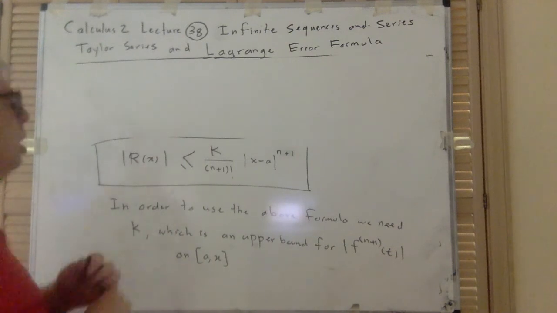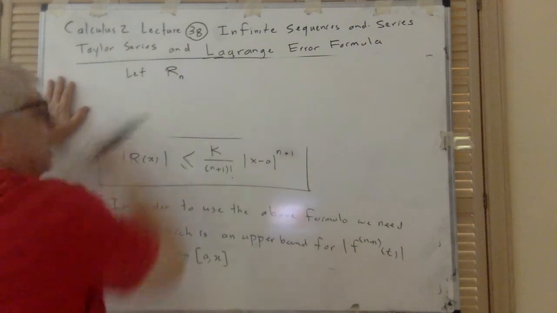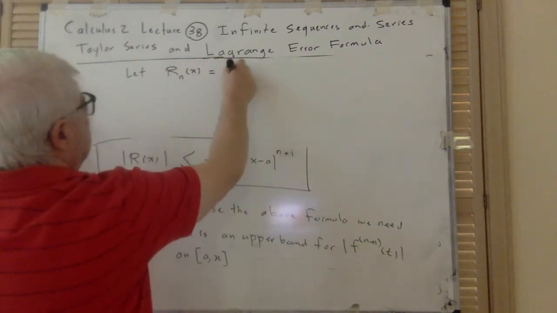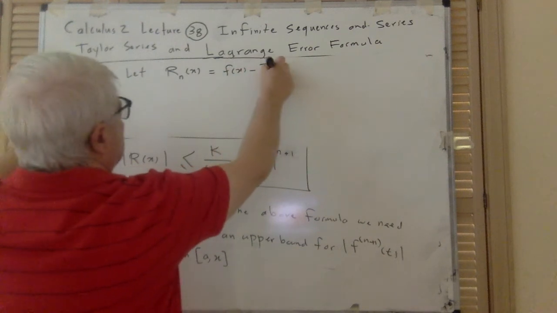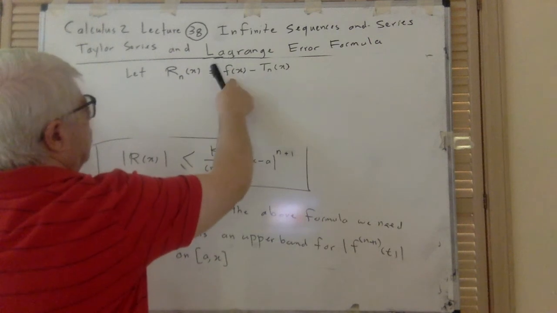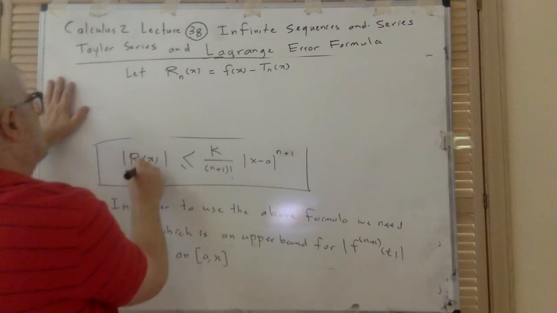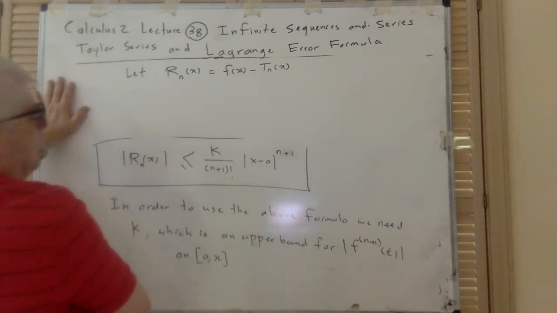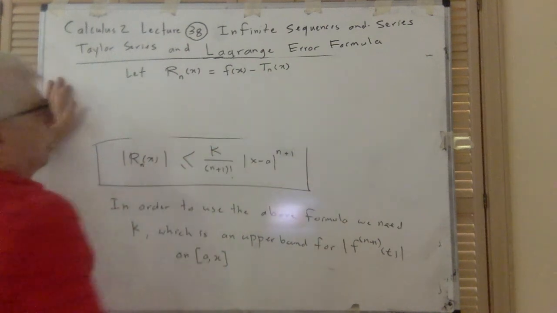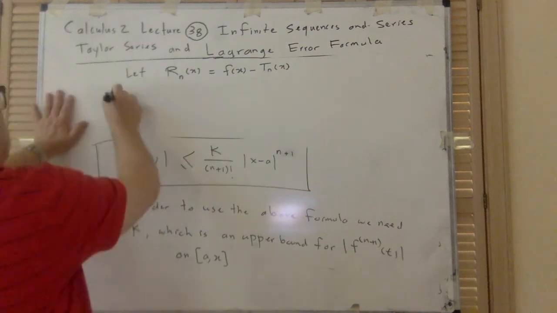So let us put n here as a subscript. This is in fact f(x) minus Tn(x). I needed something here to indicate that. Otherwise, if I write just Rx... so I can just put n here, okay? So this Rn is in fact the error when I'm using the Taylor polynomial of degree n.